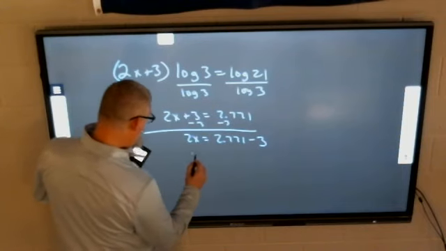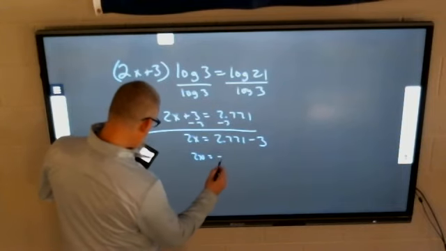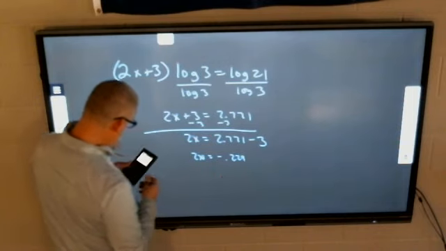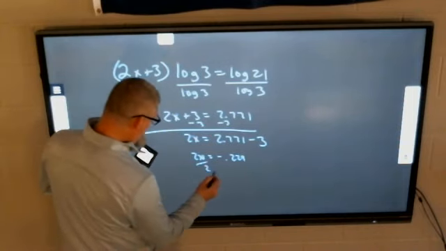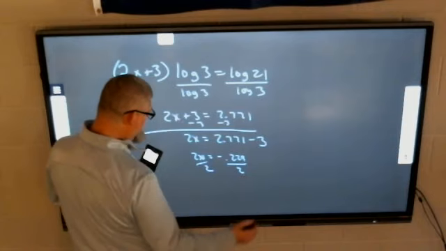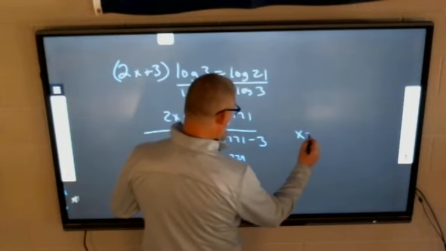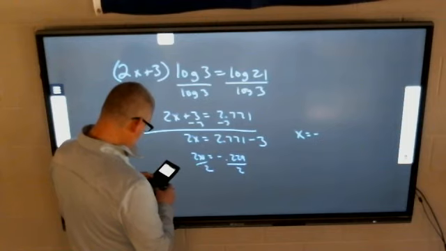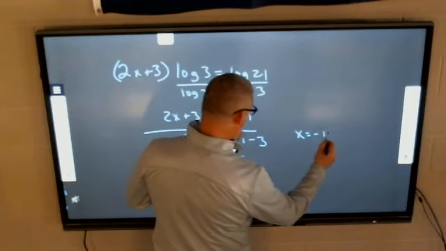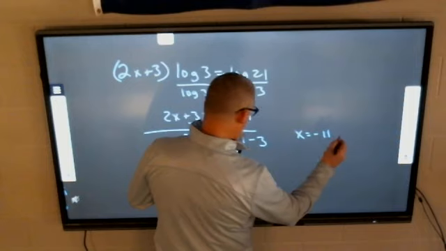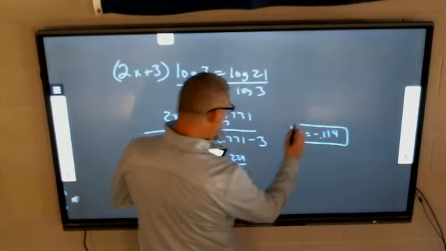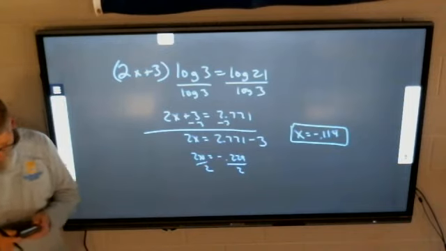So we have 2x equals negative 0.229 divided by 2, and you're going to get a really ugly decimal.